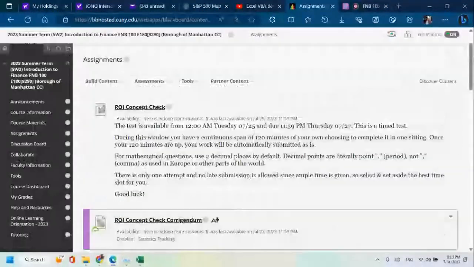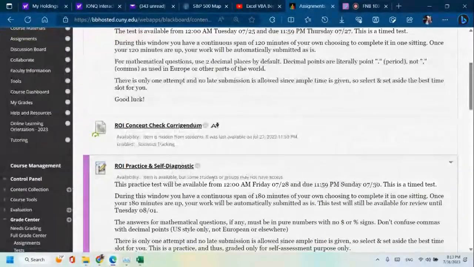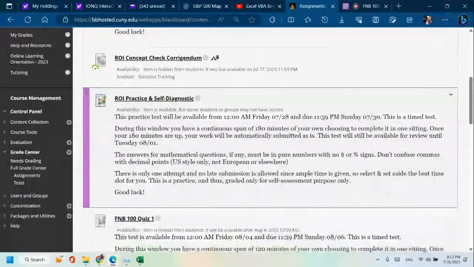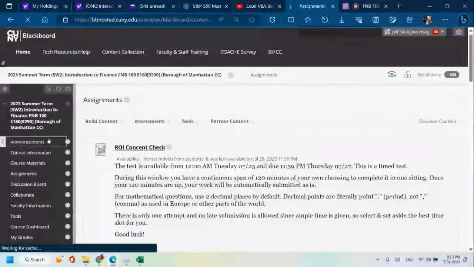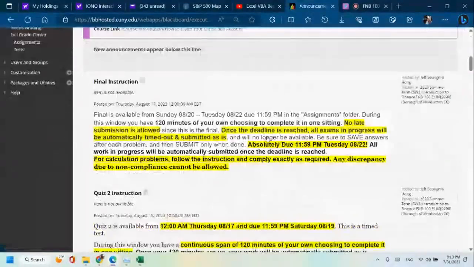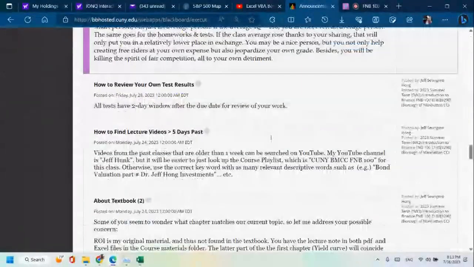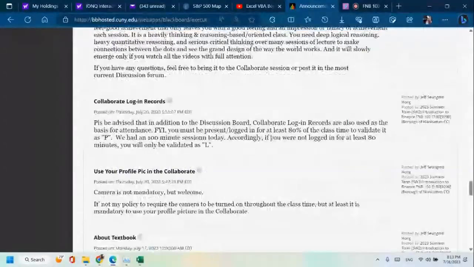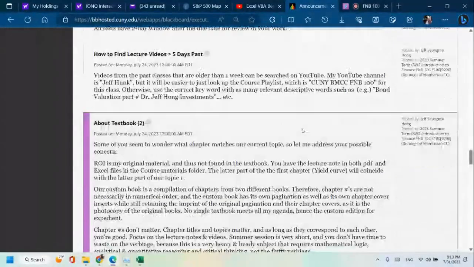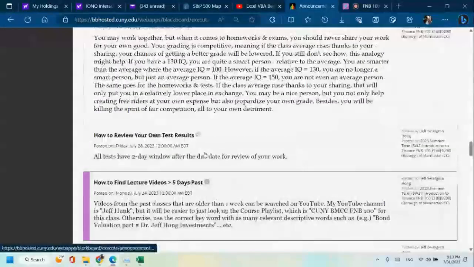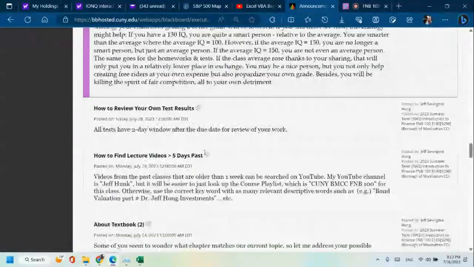Yeah, it's graded. Everything is graded. It's still open if you didn't do it. The announcement went out, right? You should have been notified. The first ROI concept check, it was the second one.